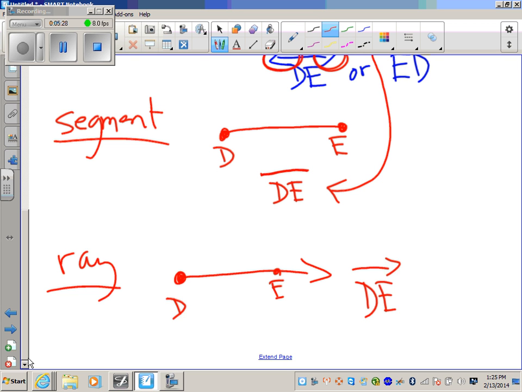Okay? So let's take a look using that. Then we'll get on to the rest of them. Take a look at page 375, and let's look at numbers 1, 2, 3, and 4. We're going to put that knowledge into practice. Match each figure with its name.